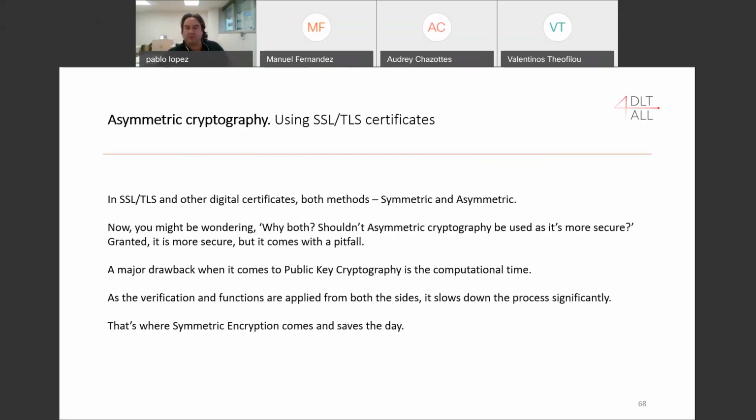And why shouldn't asymmetric cryptography be used as more secure? Granted, it is more secure, but it comes with a pitfall. A major drawback of public key cryptography is the computational time, as the verification functions are applied on both sides, which slows down the process significantly.